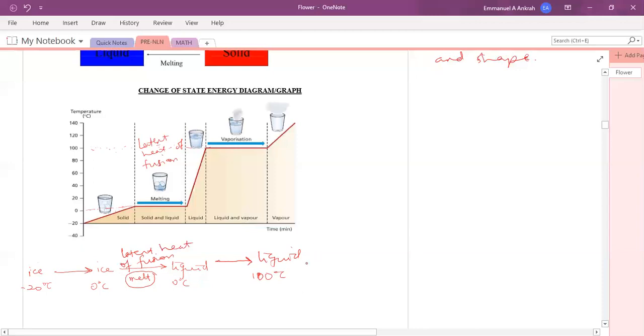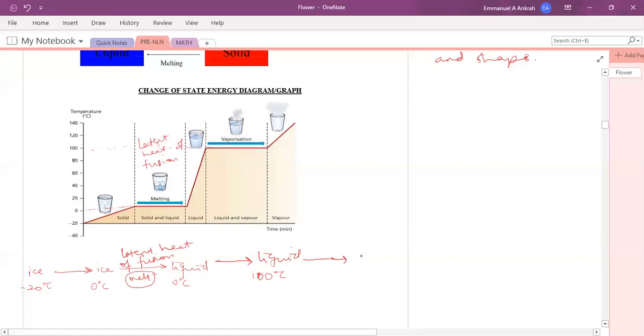Okay. Putting more heat, what's going to happen? Sorry, the temperature will not increase at this point. It's going to stay at 100 again, but this time it's going to become vapor.